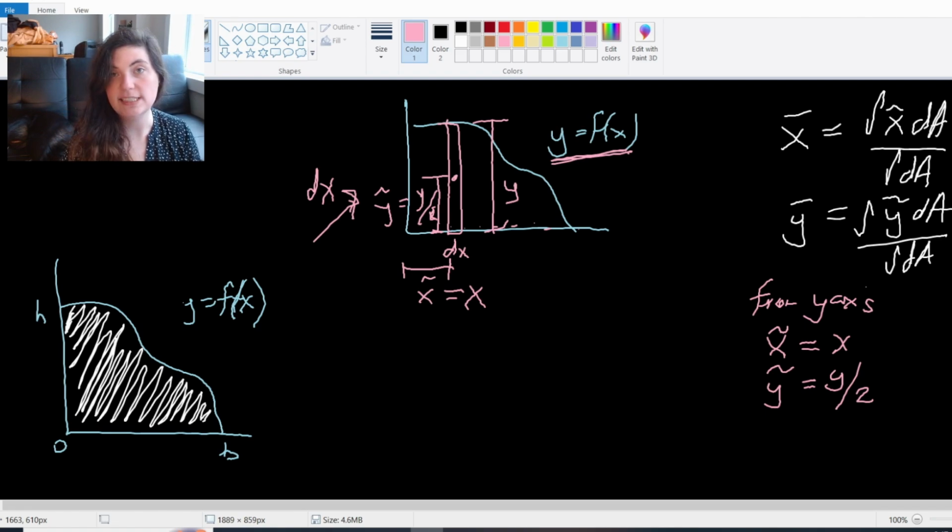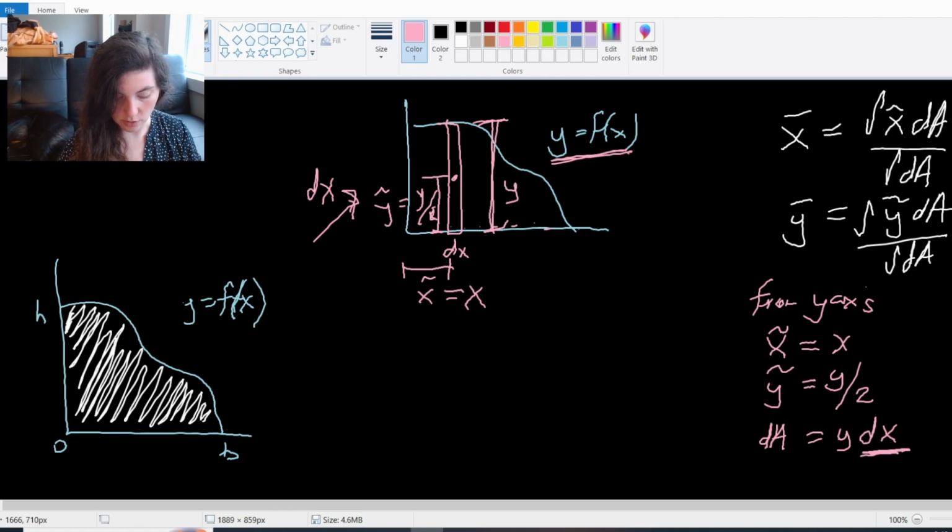And then finally my dA is just going to represent the area of that rectangle. So my dA is going to be its height, we said was y, and then the width we said was dx. So since I have everything in terms of y's and x's, I know that I want everything in terms of x because of this dx term so that I can integrate it.